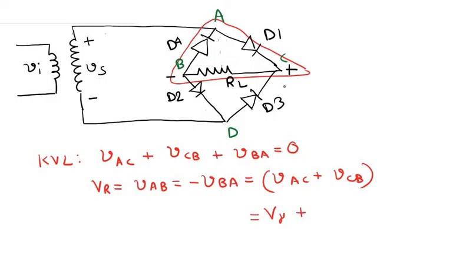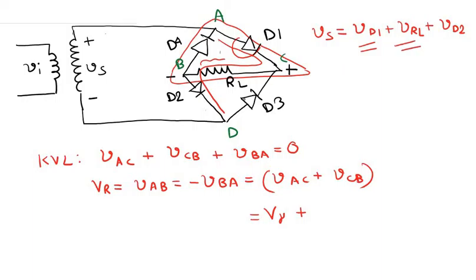Note that this voltage Vs during the positive part of the cycle is VD1 plus VRL plus VD2, because the current flows through this path. So the secondary voltage is the sum of the voltage drop across the diode D1, plus the voltage drop across this resistor RL, plus the voltage drop across this diode D2.